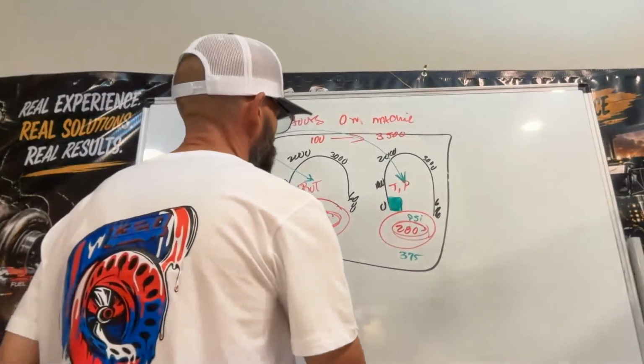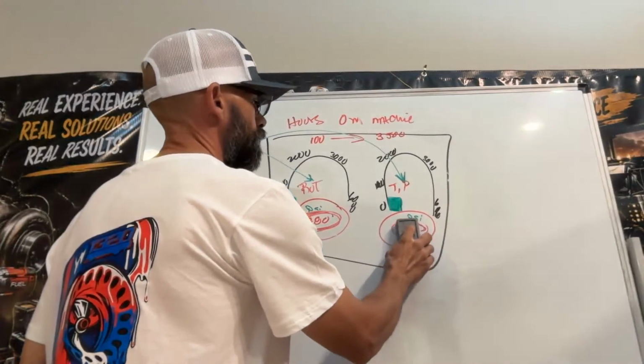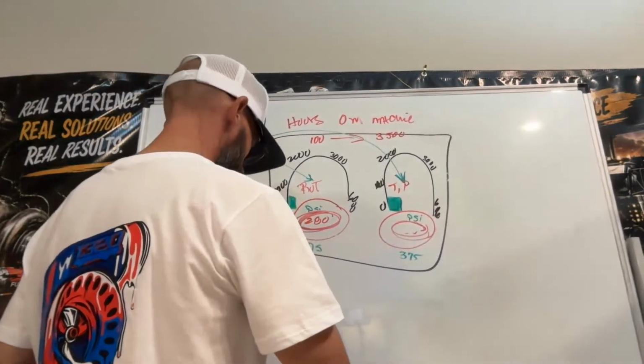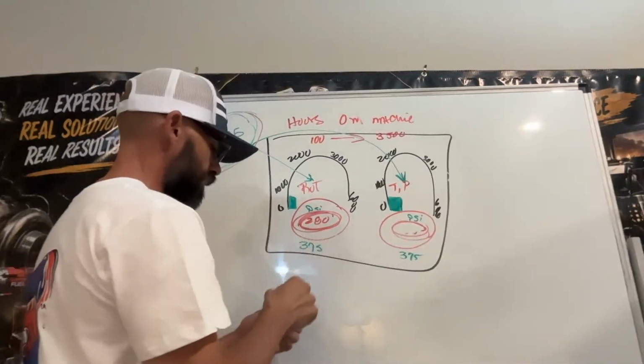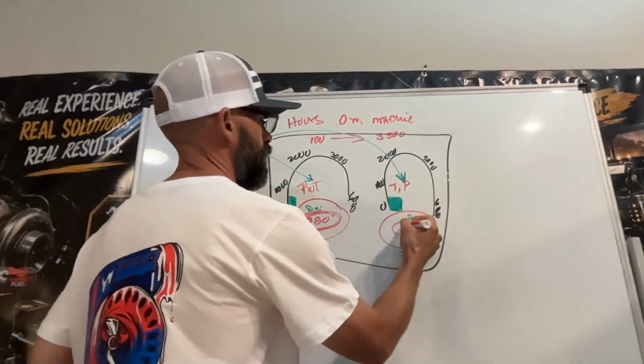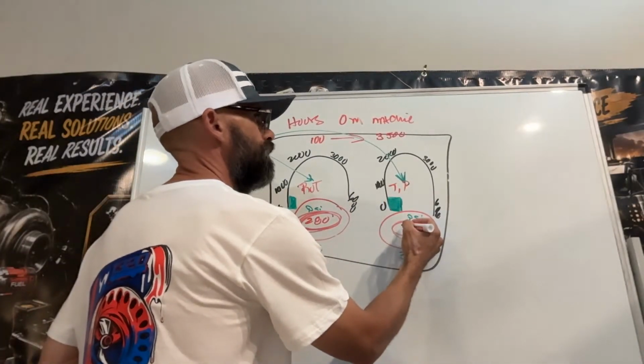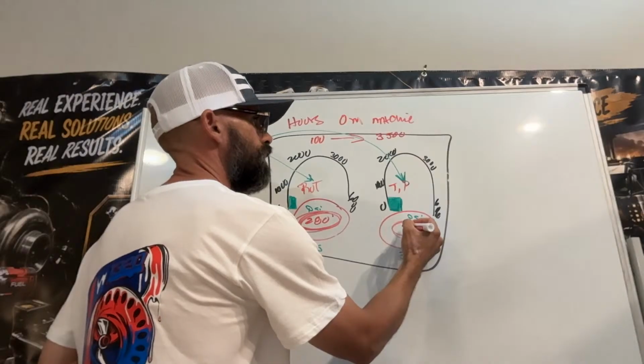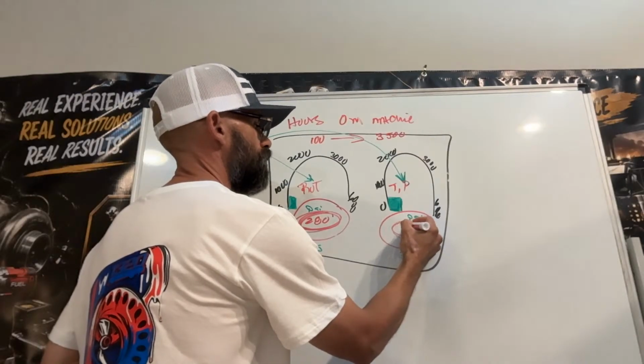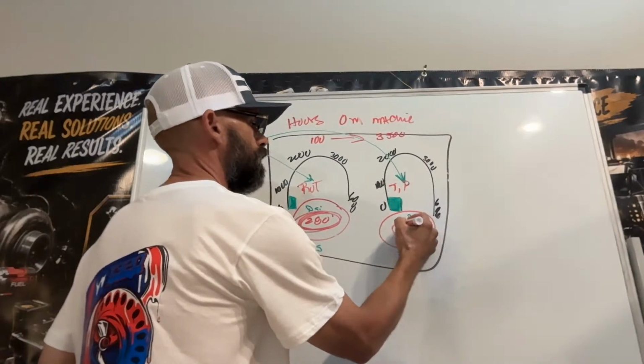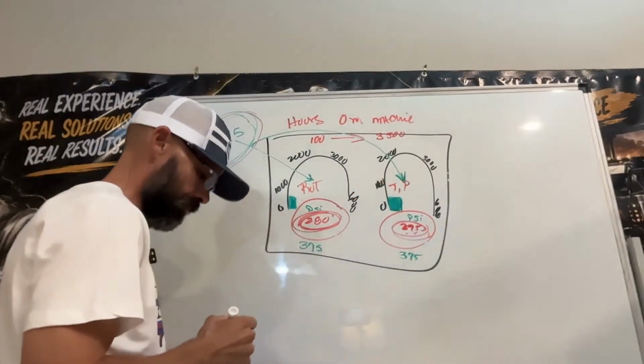But let's say on this one, on low idle, you're getting 280, and on this one you're getting, let's say, 295, right?